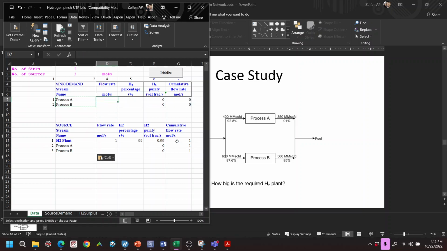Now the demand is 400 and 90.8, right? And then B is 600 and 87.6. And the sources: process A is 350 and 91%, and then 500 at 85%.